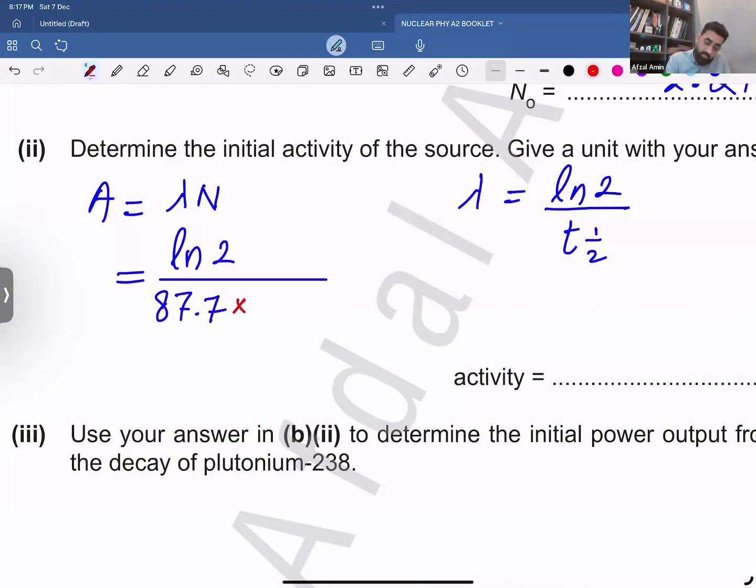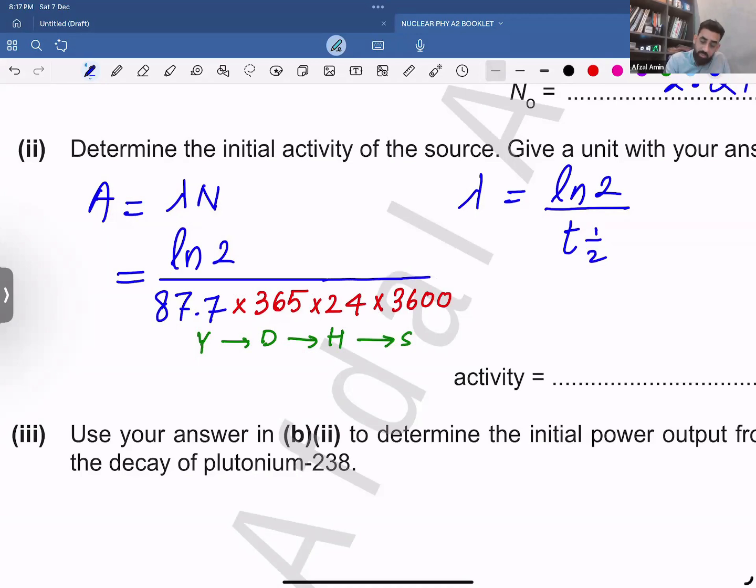You need to convert years into days, times 365, days into hours, times 24, and hours into seconds, times 3600. What did we do? We changed years into days into hours into seconds.